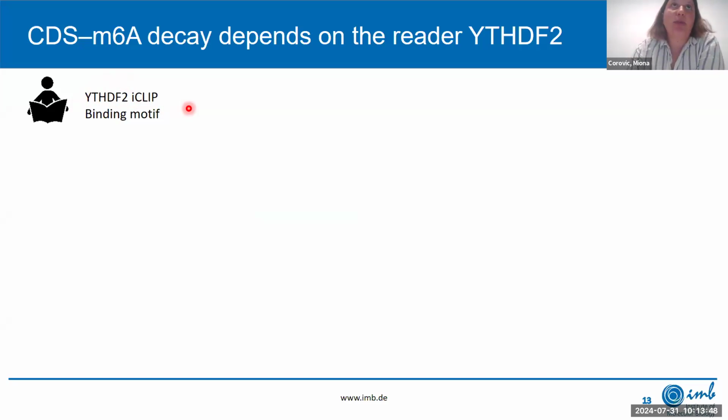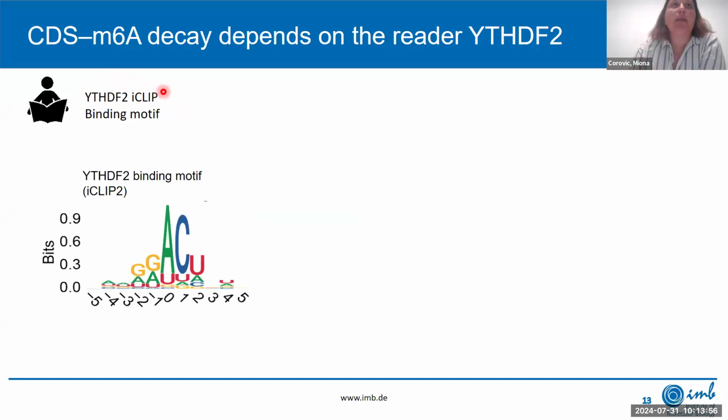So we first performed a YTHDF2 iCLIP experiment so that we can know exactly where YTHDF2 is binding to the mRNA. And we could see this specific DRACH motif, which I told you in the beginning is the motif where the M6A modification is put.